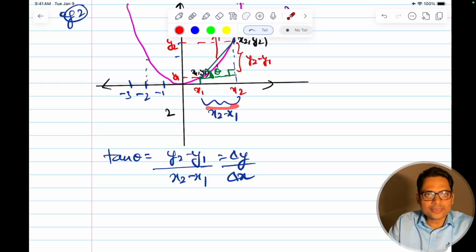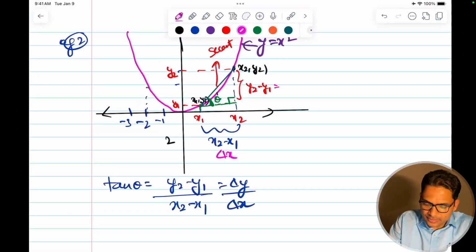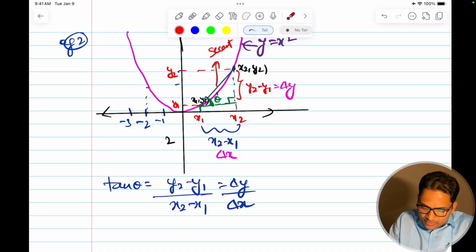This is the change in x, this is your delta x and this is your delta y. What if these 2 points come very close? x2 comes very close, this delta x tends to 0. So this will become a point at x1.